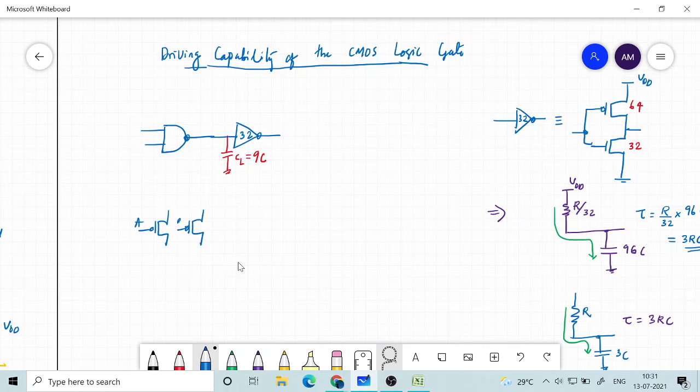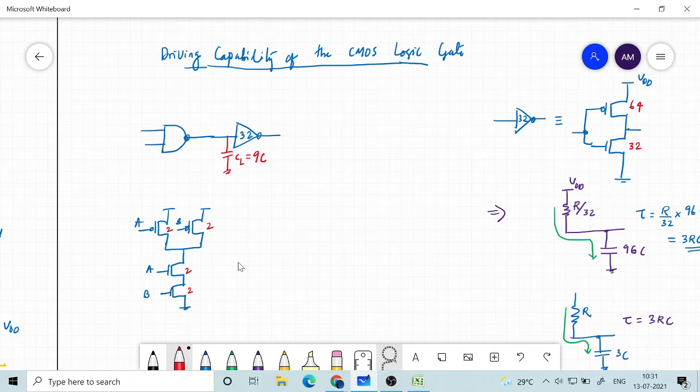So the circuit looks like this. A, B, this is VDD, and this is my NAND gate, A, B. And the sizing was 2, 2, 2, 2.